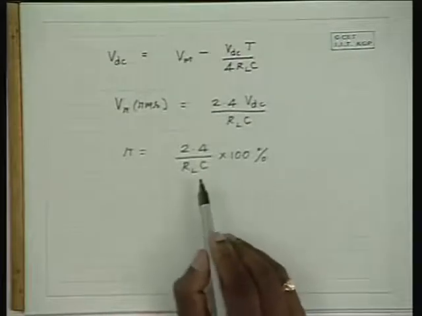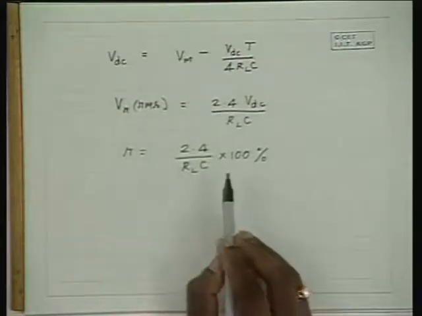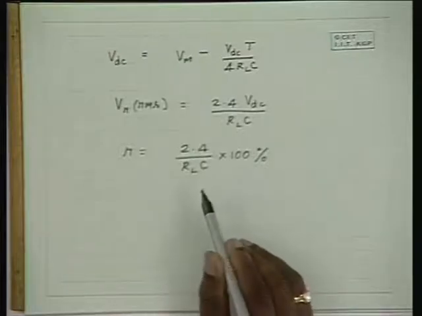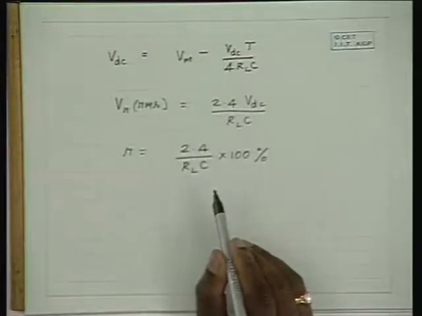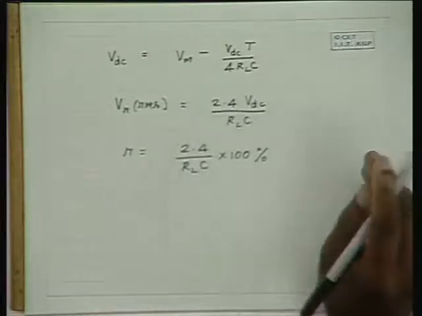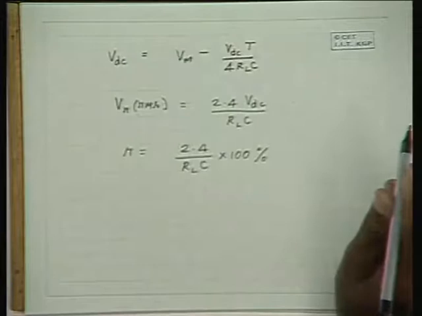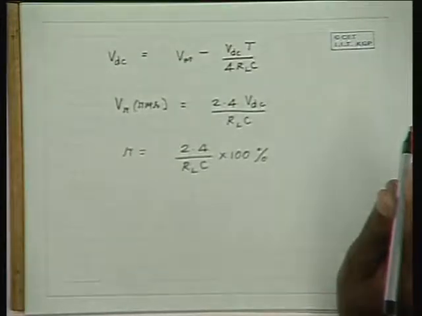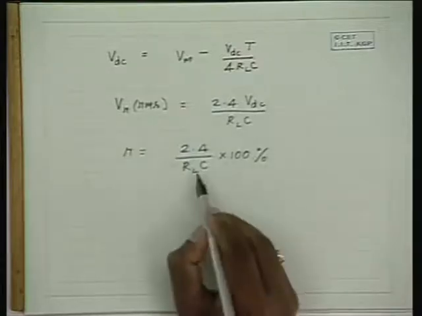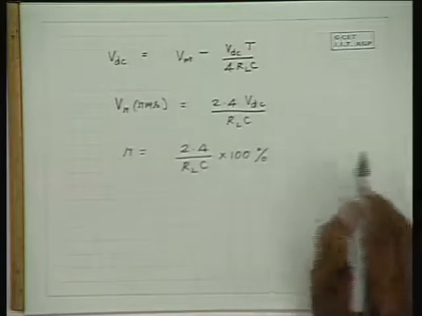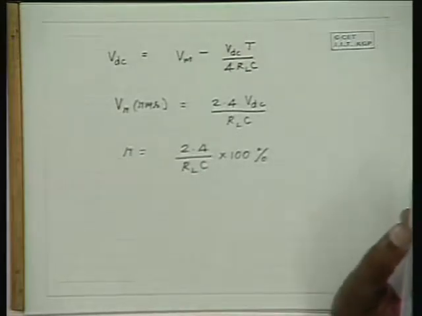if RL into C is, say, 2.4, there is a mistake here, it is 2.4 by RL into C into 100%, and if RL into C is about 10 seconds, you will find that the ripple factor is 24%.